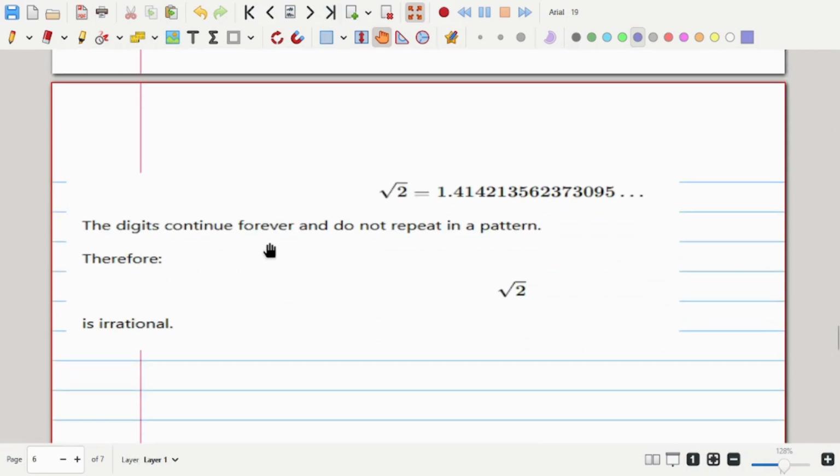The digits continue forever and do not repeat. For example, square root of 2. Here the digits continue forever and there is no pattern which repeats. Therefore, these numbers are called irrational numbers.